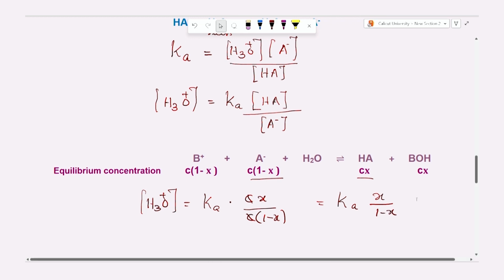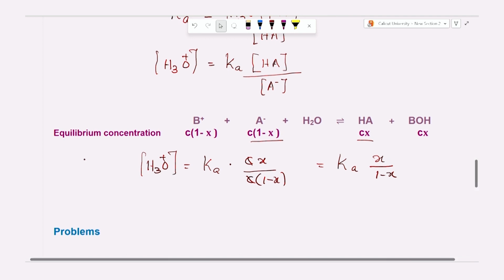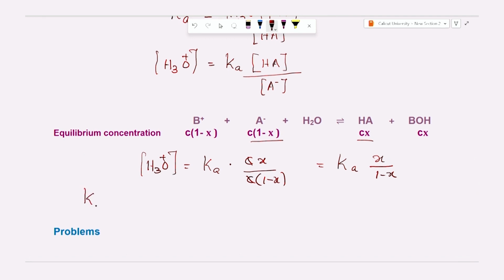Now, let us recall the expression for hydrolysis constant without any approximation. It was x square divided by 1 minus x whole square. Okay. Now, comparing these two, here we have x divided by 1 minus x, and in this case it is x square by 1 minus x whole square. Now, this can therefore be taken as root of Kh.